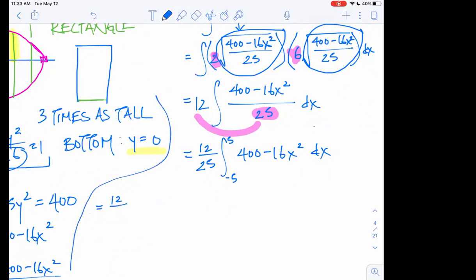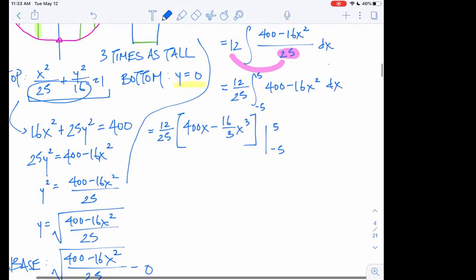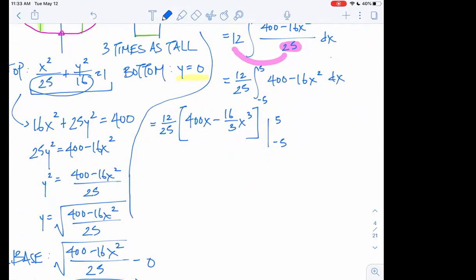I've got 12 over 25. My antiderivative is going to be 400x minus 16 over 3 x cubed, and I'm going to find it from 5 and -5. Those are the numbers I'm going to plug in.